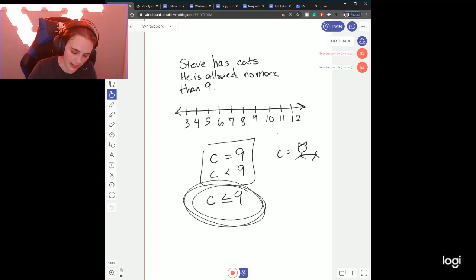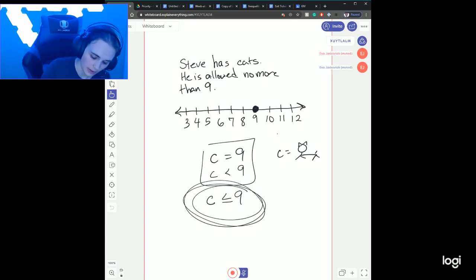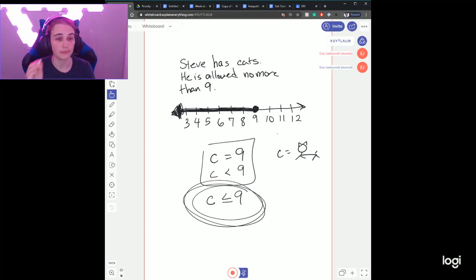He can have 9 cats. If he can have that number, you fill in that circle nice and dark. He can have less than 9 cats. You shade in everything that is less than 9, including the arrow to show that it keeps going, okay? That's how you graph this.